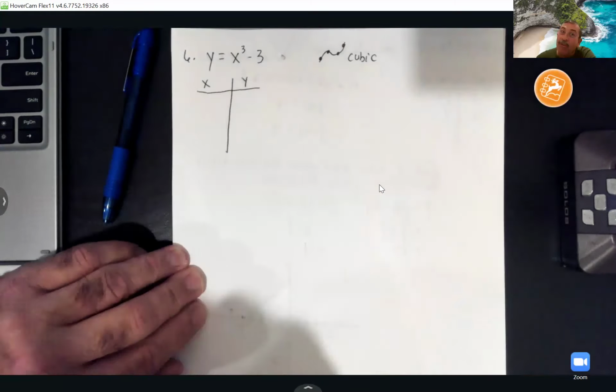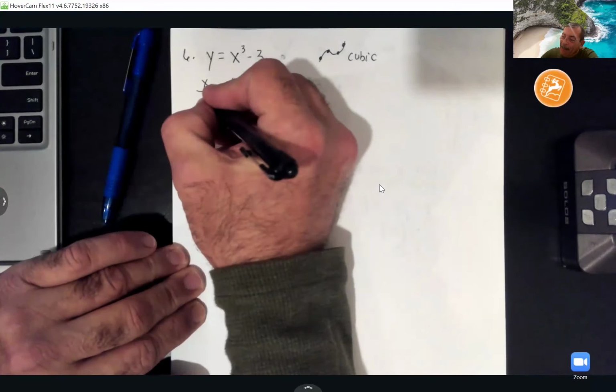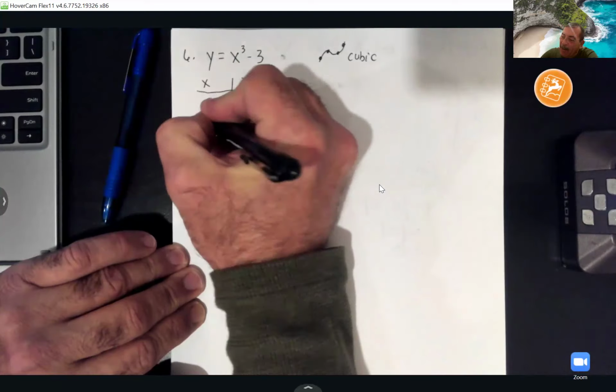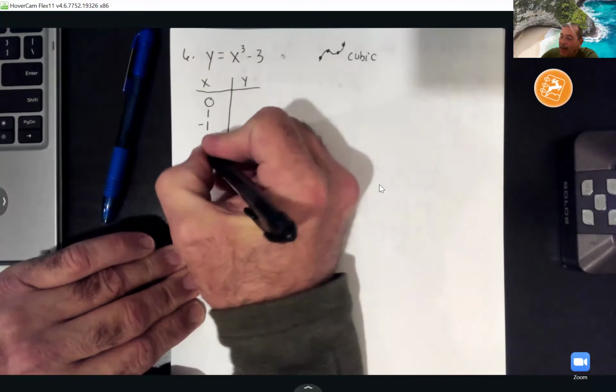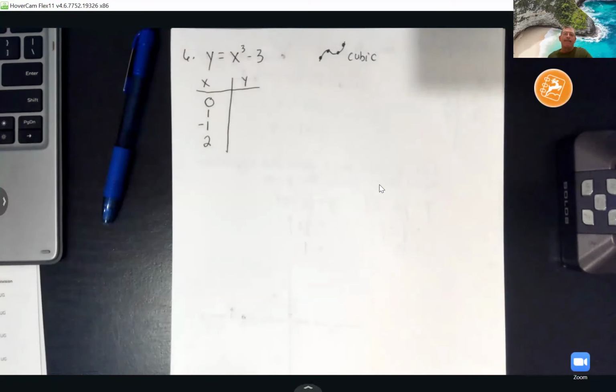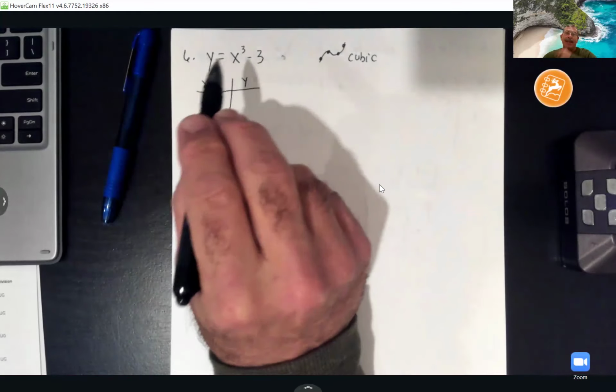And cubes grow quick, so I'm going to pick very small numbers on this. I would probably pick a 0, a 1, a -1, and maybe a 2. So those are about the smallest numbers I can use on this thing.